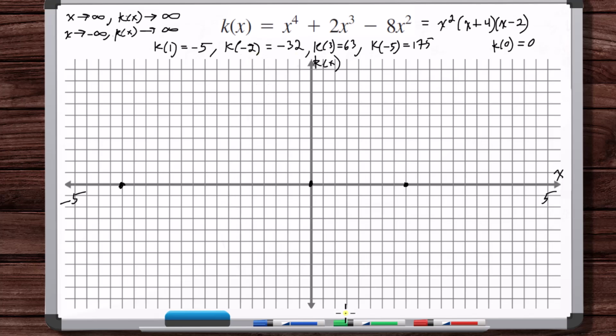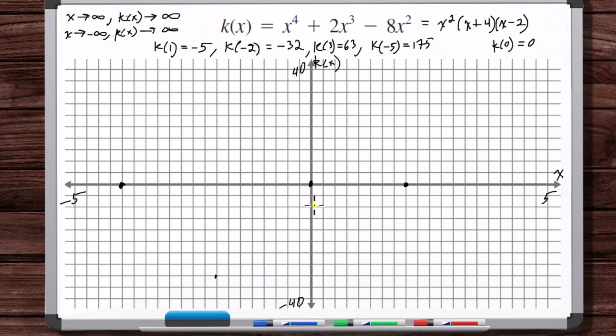So we'll make this go from minus 40 to 40. So each of these tick marks is 4. So, okay, let's do minus 2, 1, 2, 3, 4, 1, 2, 3, 4. 8 times 4 is 32, so 1, 2, 3, 4, 5, 6, 7, 8.